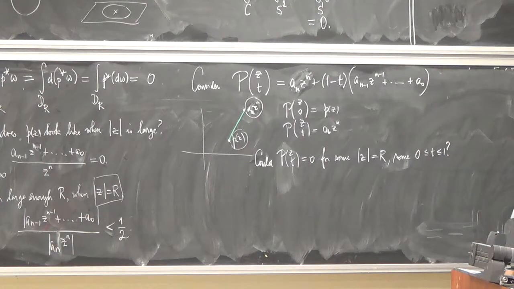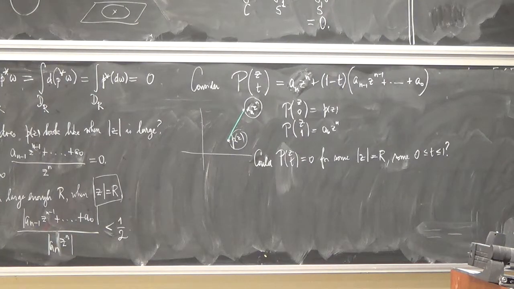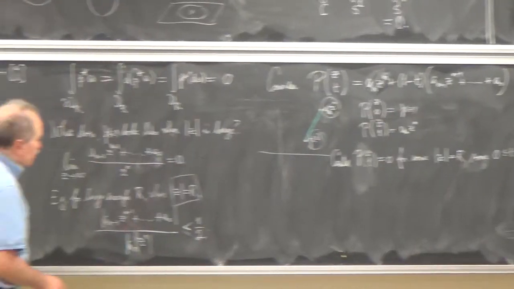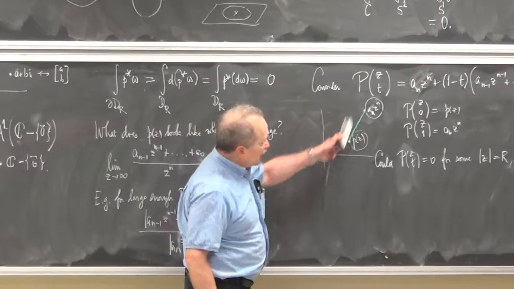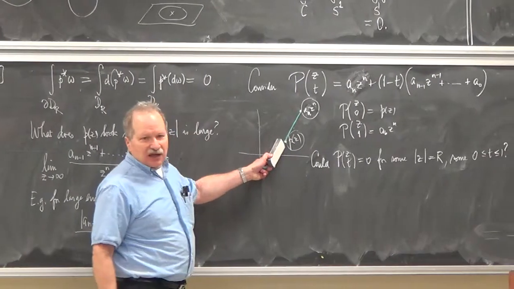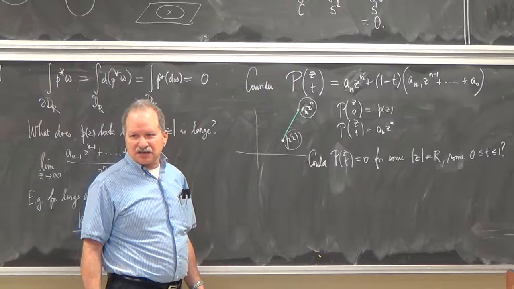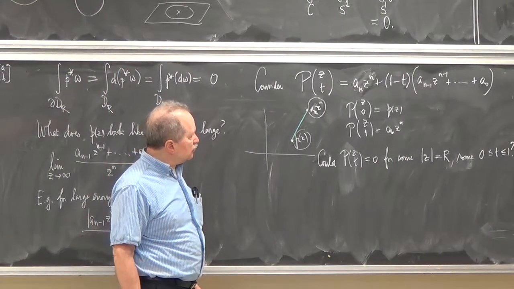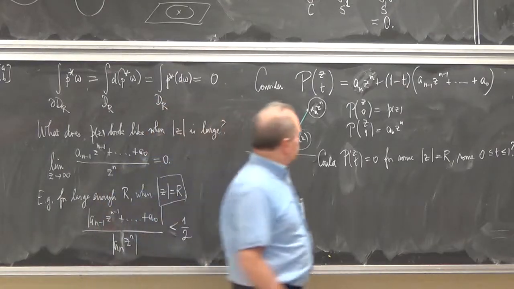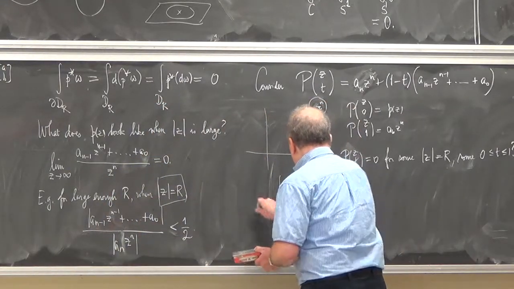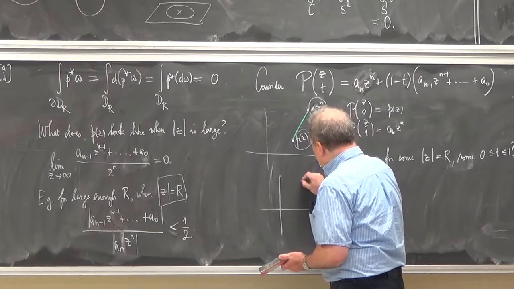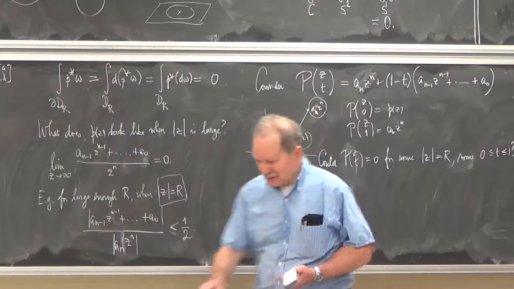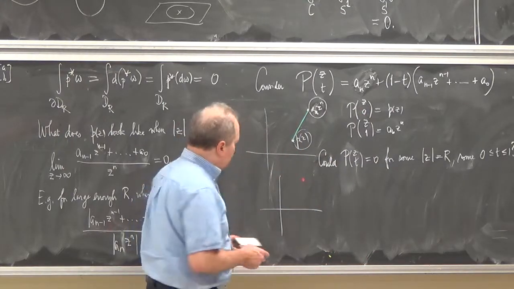Why equal or less than r? You'll see. Good question, but you'll see. Could it happen that this line segment went through the origin? What would have to happen for that to be the case? When, if I have 2 points in the plane, when does it happen that the line joining them goes through the origin? They have to be opposite each other, right?